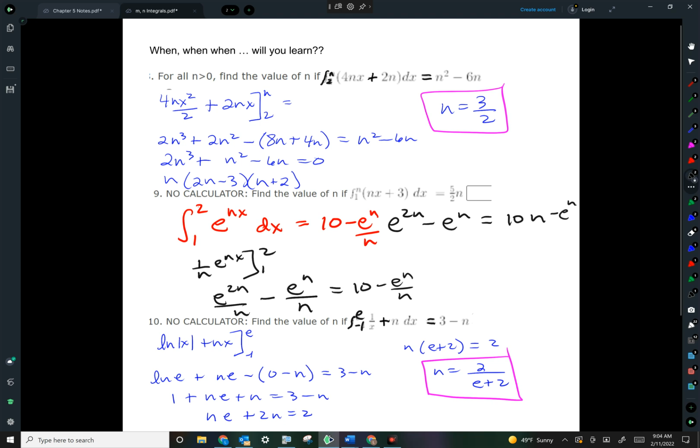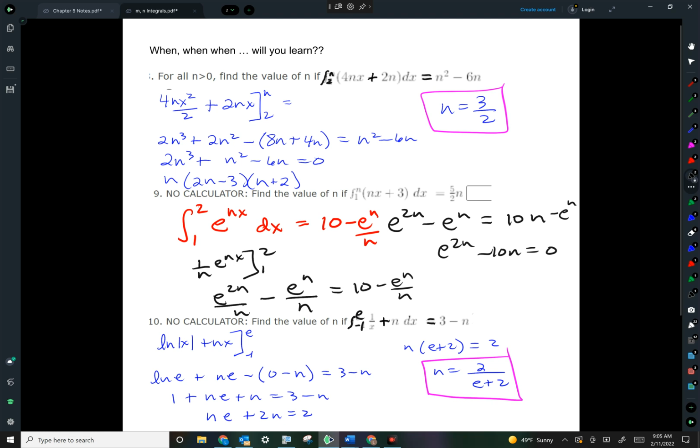You know what you're talking about. Which one? This one? Okay. Yes, it is. Dang, that's still gonna make it be hard to solve. Do you do your substitution for this?